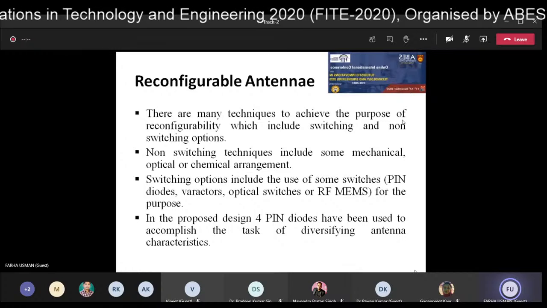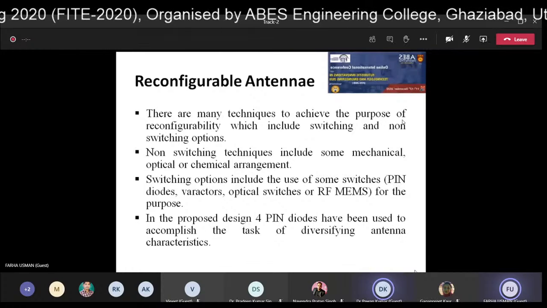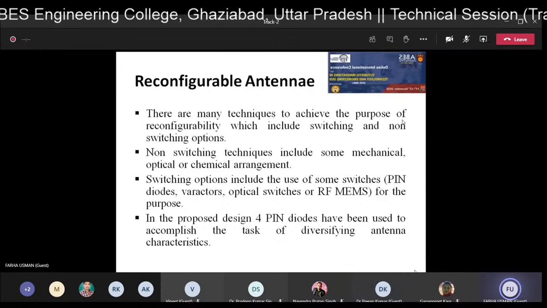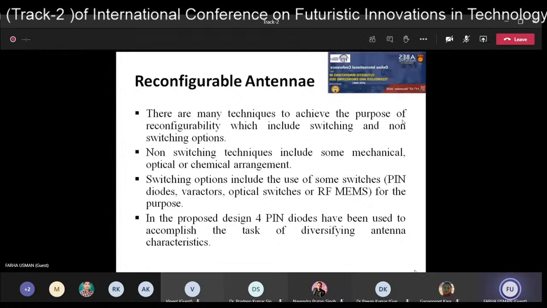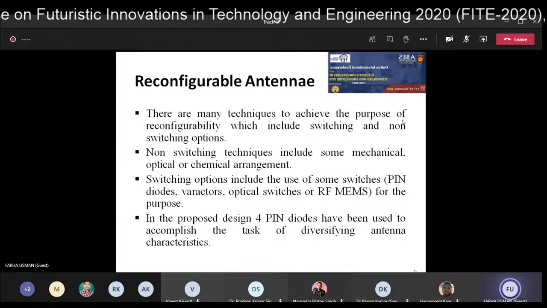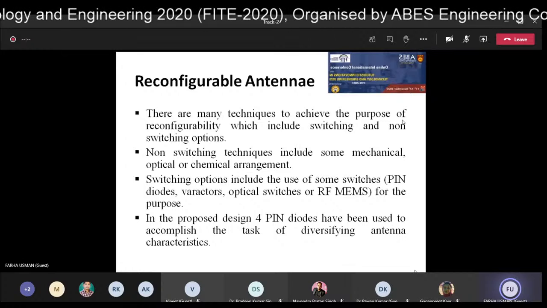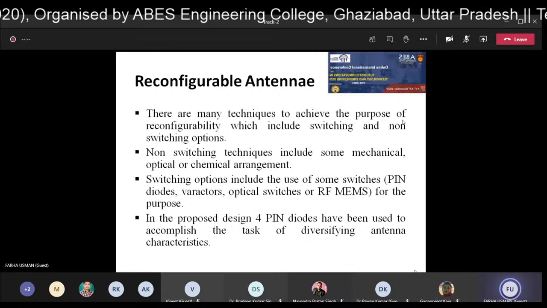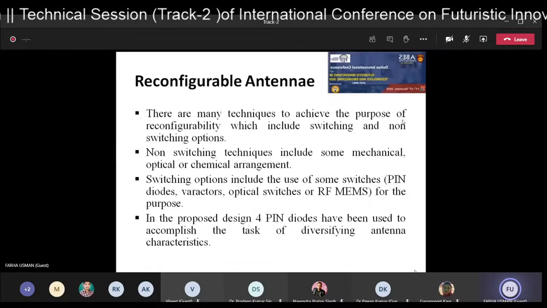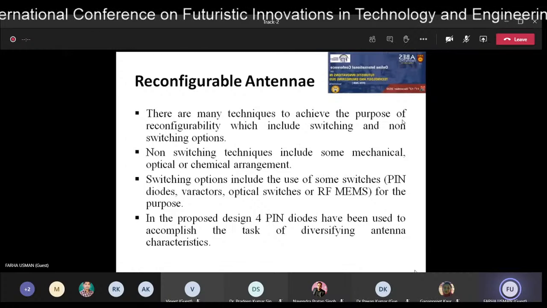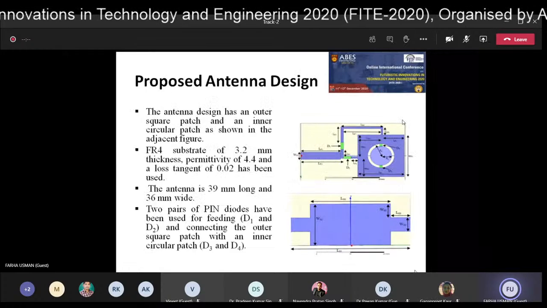The switching options include use of switches, for example pin diodes, varactors, optical switches, or radio frequency microelectromechanical switches. In the proposed design, I have used 4 pin diodes to alter these characteristics.